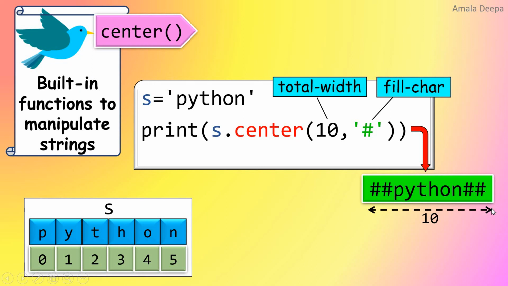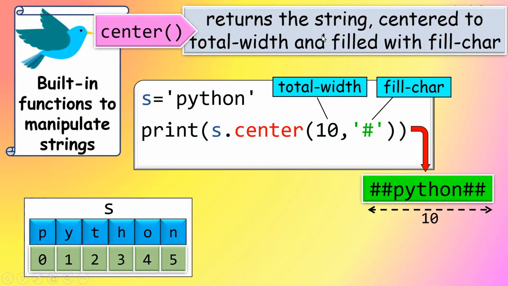So the total width is 10. Python occupies 6 places, and the remaining 4 are equally distributed on both sides, filled with the hash symbol. So the center function returns the string centered to the total width and filled with the fill char. Look at the format of the center function.